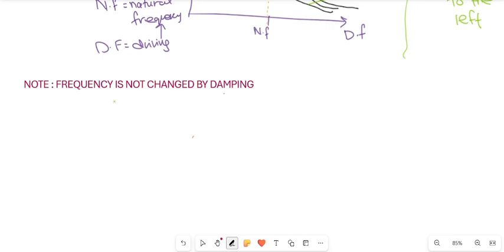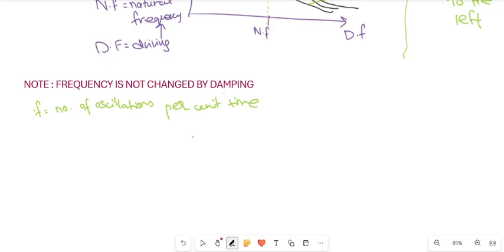First of all, you need to understand what frequency is. Frequency is the number of oscillations happening per unit time. Right? And amplitude is the maximum displacement.